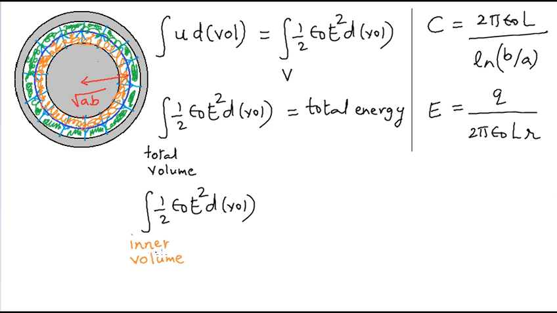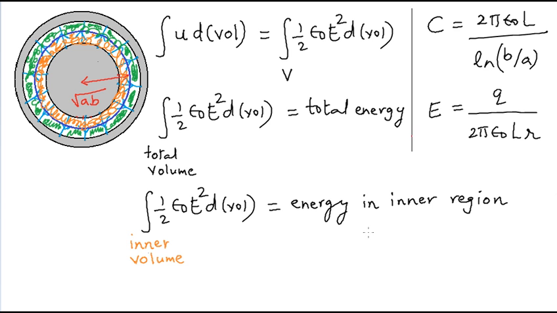On the other hand, if I evaluate this integral over the inner region, that is the region which is shaded in orange, the inner volume, then what I must get is the energy which is present in the inner region.